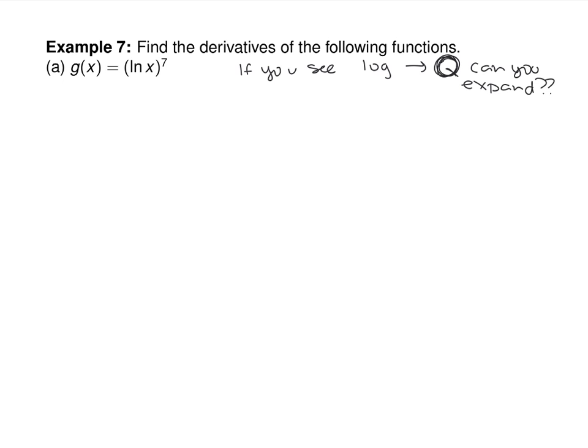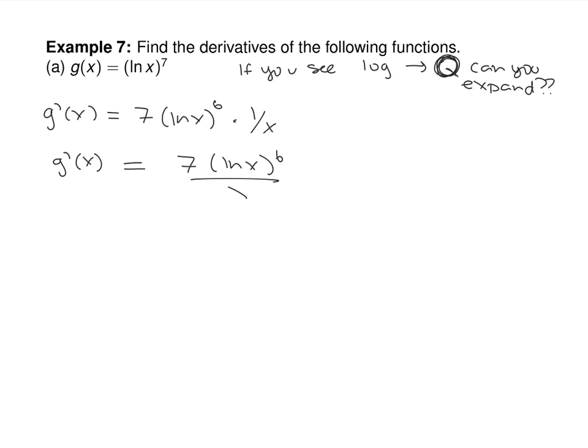No, because it would need to be x to the 7th, not ln x to the 7th. Does that make sense? So g prime of x in this case will be 7 ln x to the power of 6 times 1 over x, or g prime of x is 7 ln x to the 6th over x.